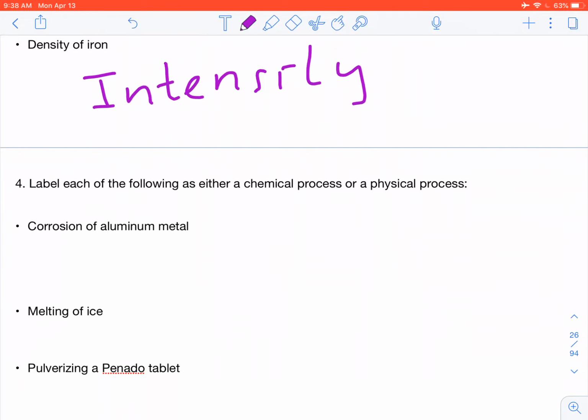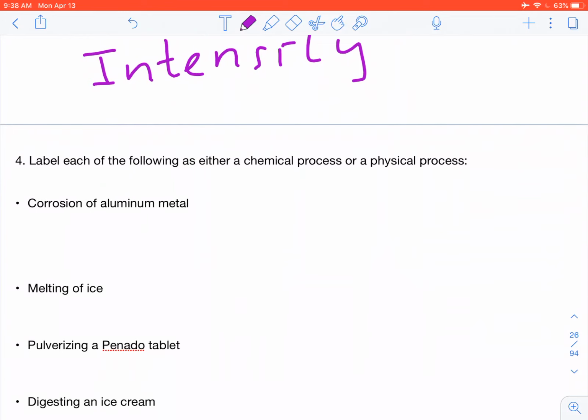Corrosion of aluminium, is it a chemical process or a physical process? That's a chemical process.